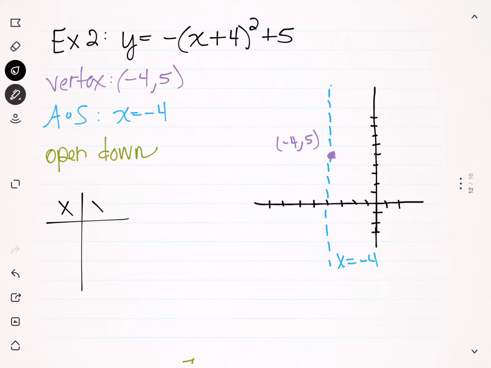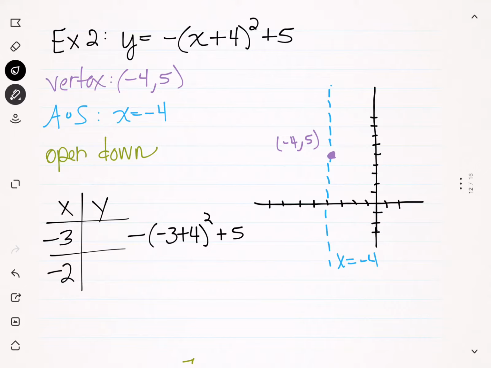Okay, so if the x value of my vertex is negative 4, then let's choose negative 3 and negative 2. Those are 2 numbers to the right of my vertex. I'm going to plug them into my equation. I'm going to be really careful with my math. So negative, the quantity negative 3 plus 4, squared, plus 5.